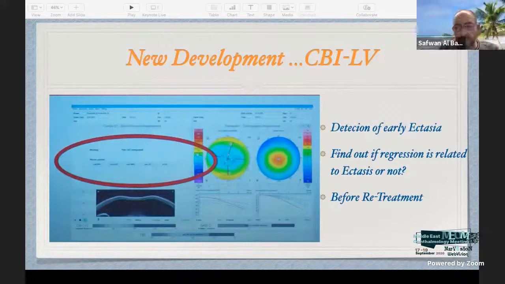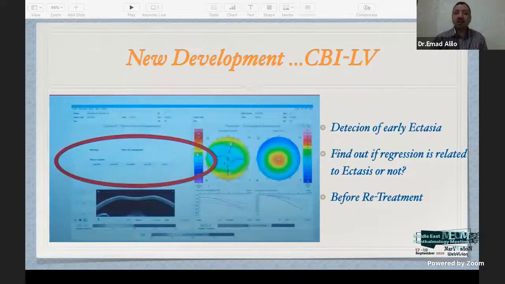Now we have a new step forward by having this software. Before you proceed, this software will ask whether the patient has had, if you know this information, of course, PRK, LASIK, SMILE, or refractive surgery of unknown kind, if you don't know what kind of refractive procedure they had, or whether they had a refractive procedure at all.